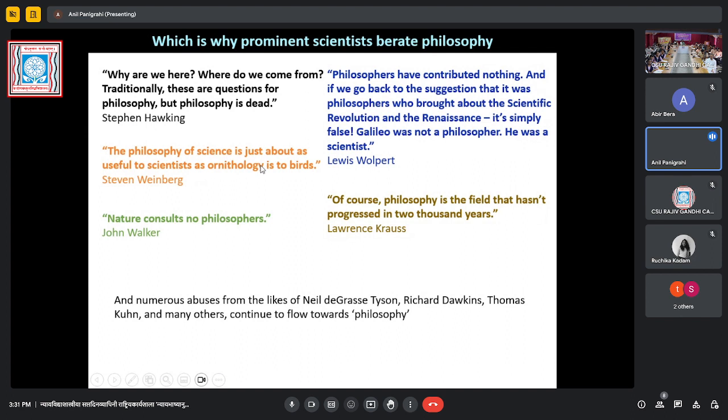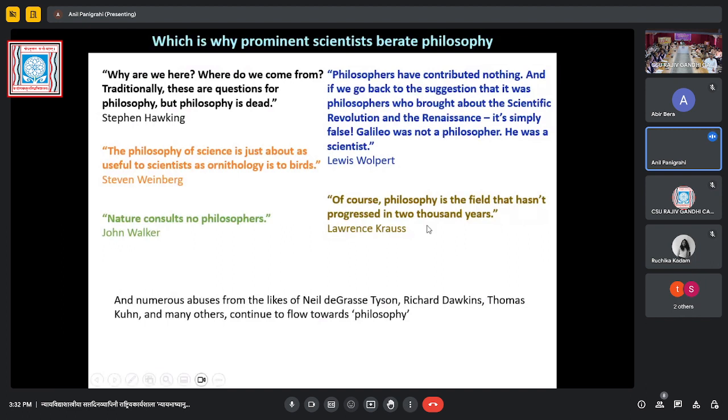So he's ridiculing the uselessness of philosophy. Nature consults no philosophers. John Walker is a geologist. Lewis Wolpert says philosophers have contributed nothing. That's a very, very big statement, an empty statement, definitely.